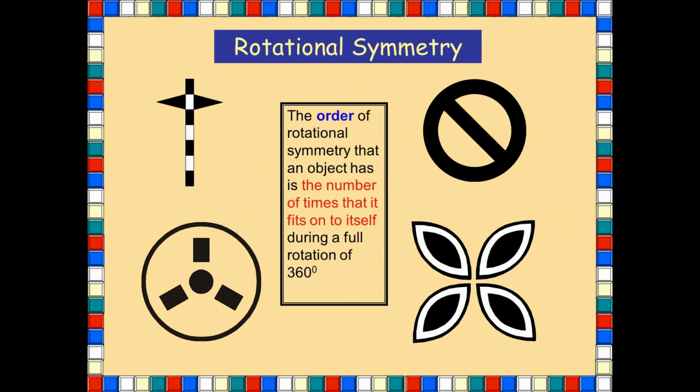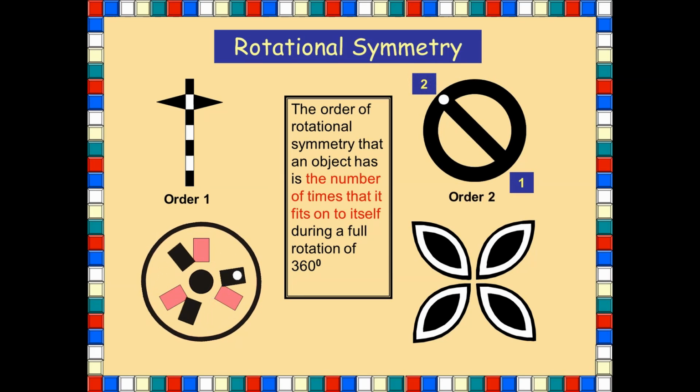The order of rotational symmetry that an object has is the number of times that it fits on itself during a full 360-degree rotation. So, that is order 1 because it fits on itself only 1 time in a full rotation. This one fits on itself twice in a full rotation, so we call it order 2. The next example: once, twice, 3 times.